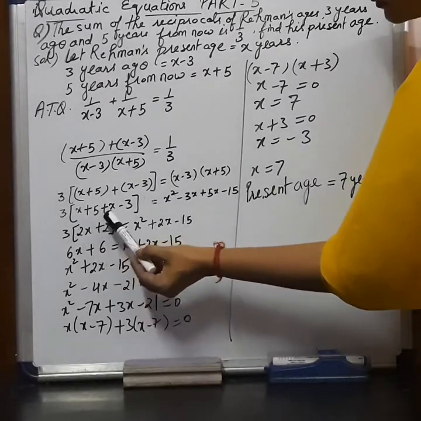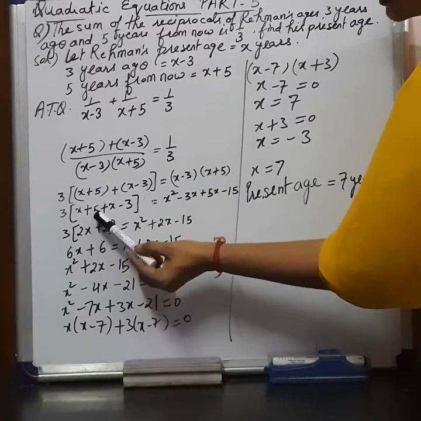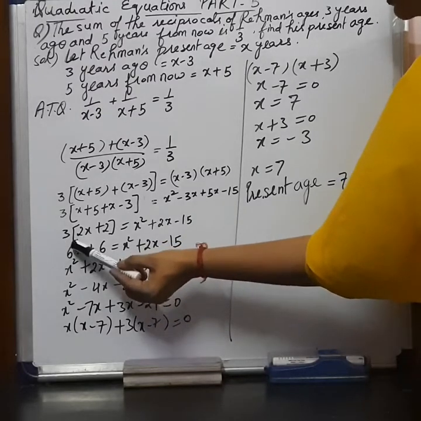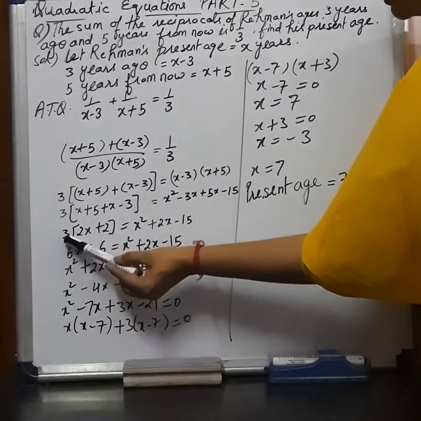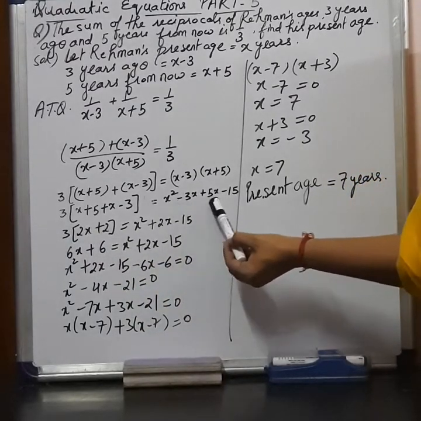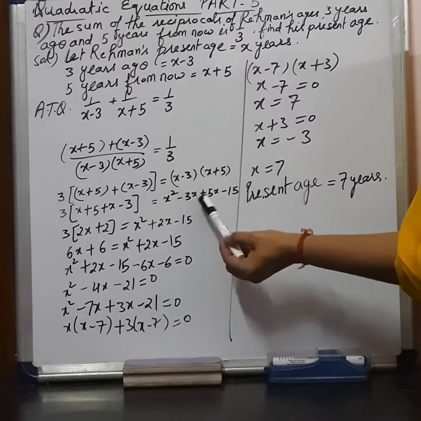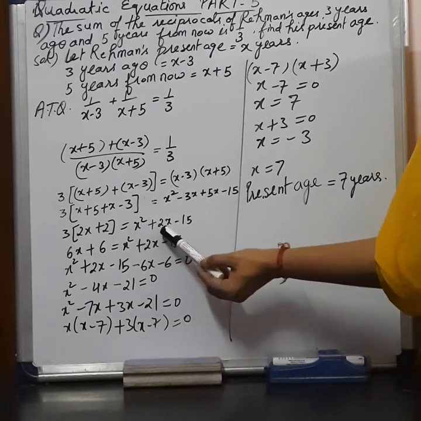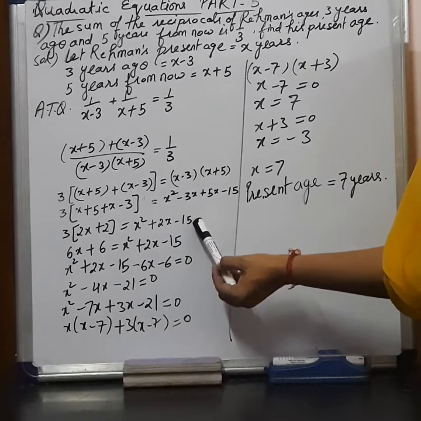Now x plus x is 2x, 5 minus 3 is plus 2. So in this step we have got 3 multiplied by 2x plus 2 is equal to, here you will solve these terms, minus 3 plus 5, so it is coming plus 2. So x square plus 2x minus 15.